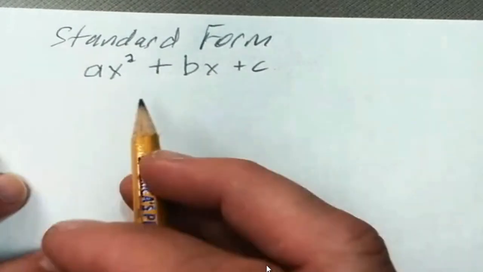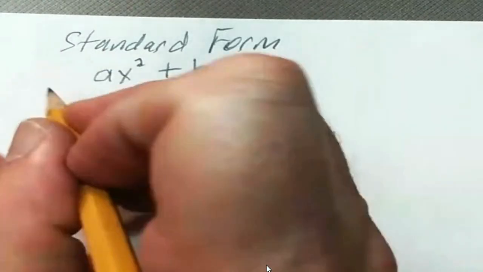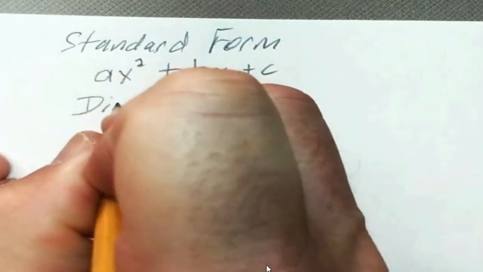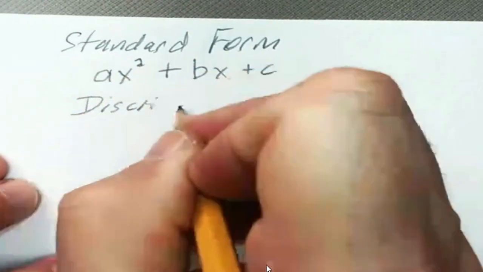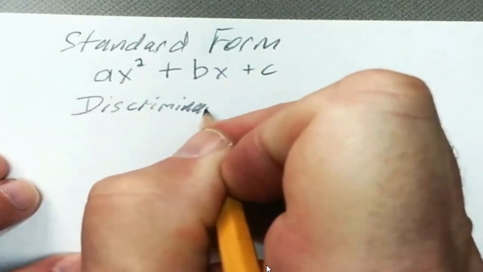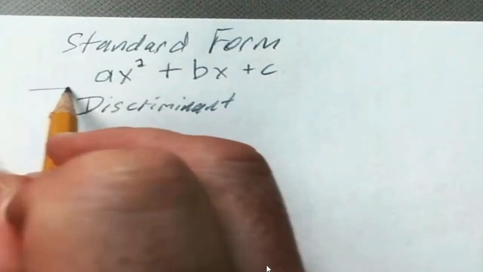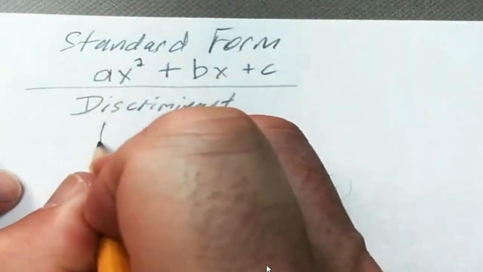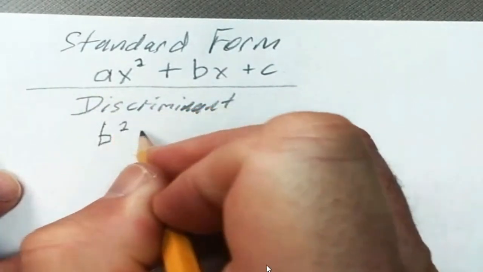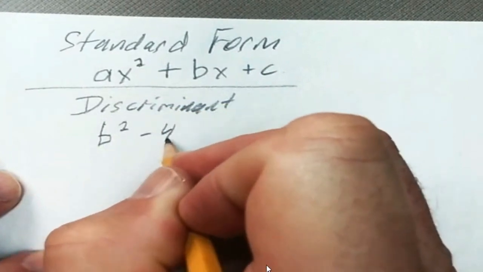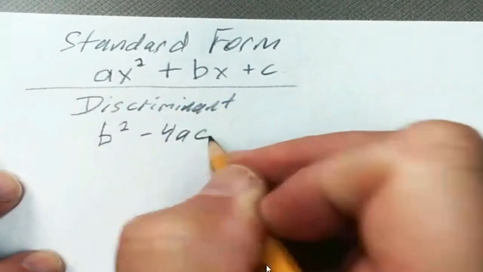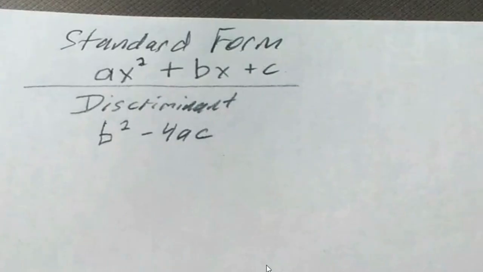So from this, we're going to talk a lot today about the discriminant. The discriminant looks like this, b squared minus 4ac. And the discriminant is going to tell us a lot of information.